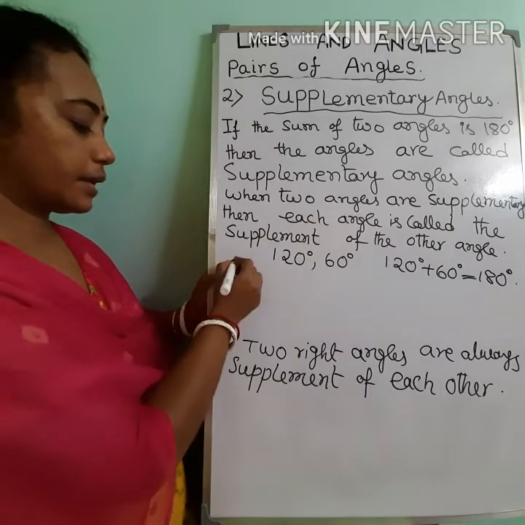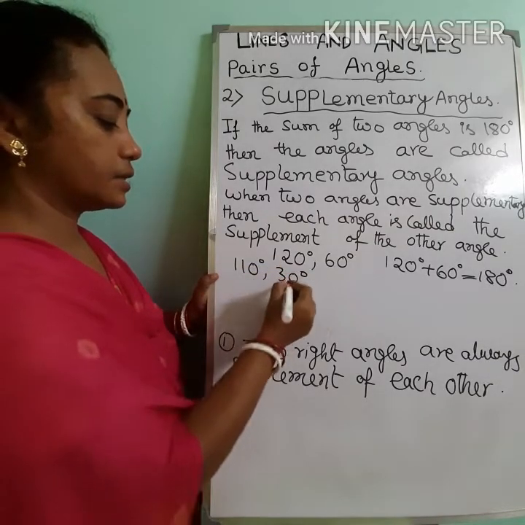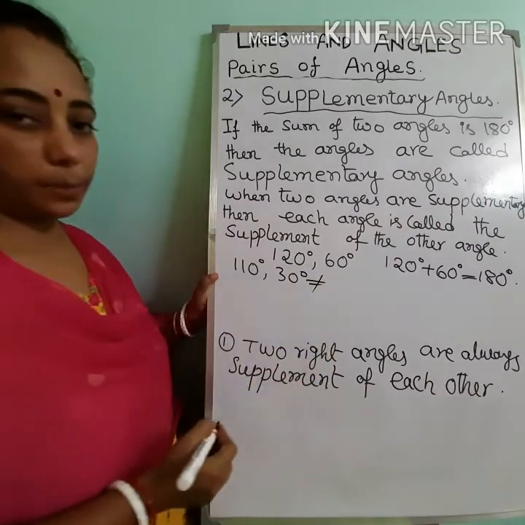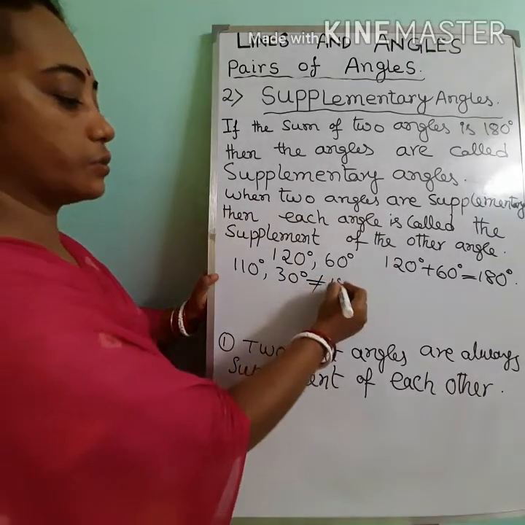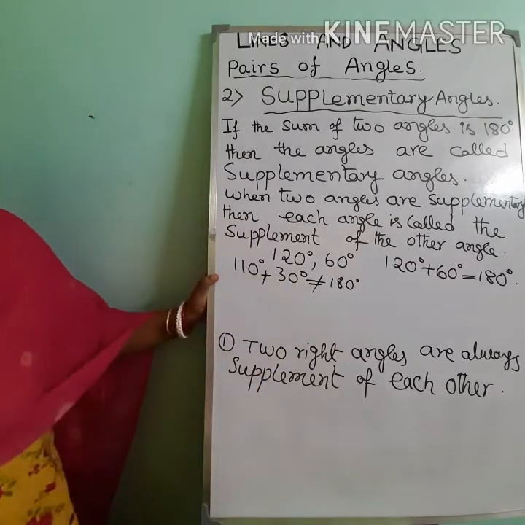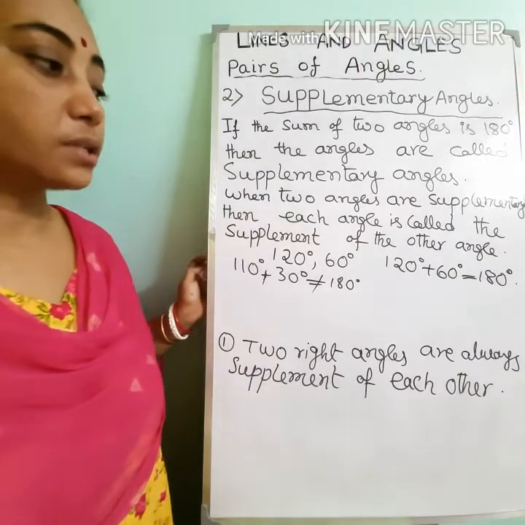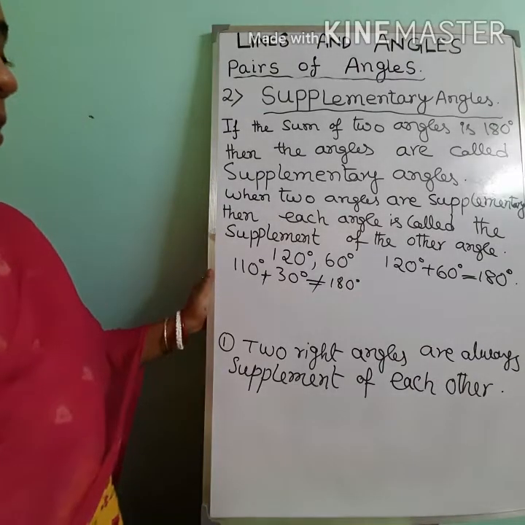If we choose any other angles, suppose 110 degrees and 30 degrees, then these two angles are not supplementary because their sum will not give 180 degrees. So two angles whose sum is 180 degrees are called supplementary angles.